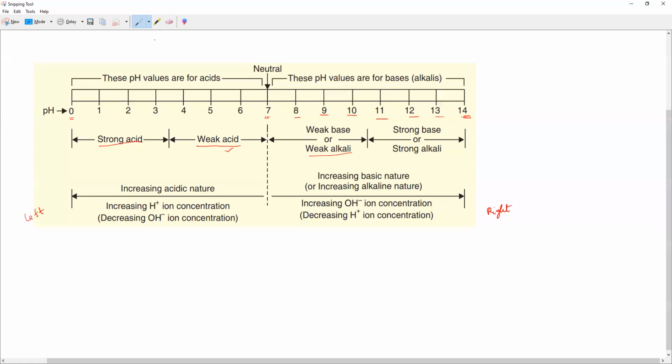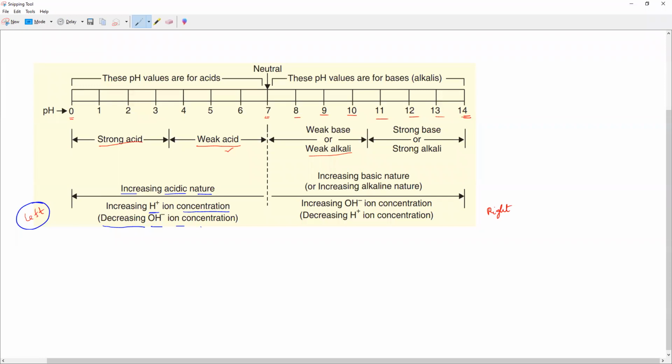So from 7, if I'm moving towards my left hand, all of you observe, one is increasing, one is decreasing. Which is increasing? Acidic nature is increasing, which means H plus ion concentration is increasing, and in the same way, what is decreasing, everybody?